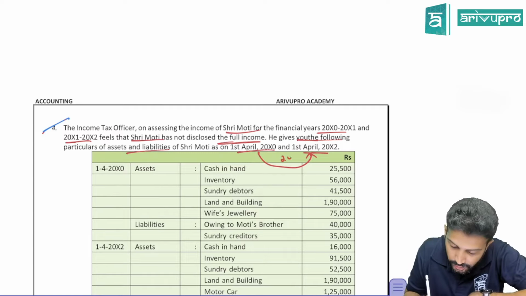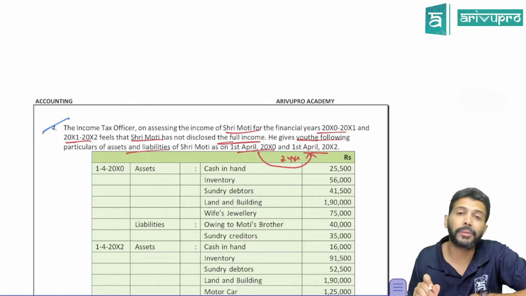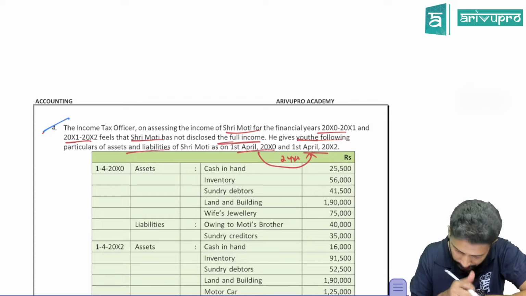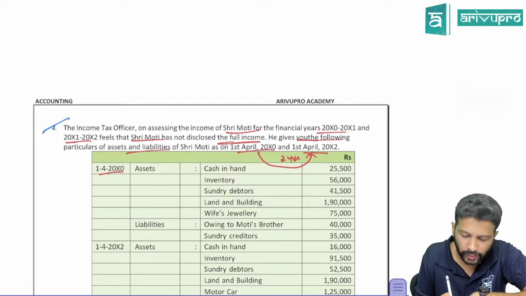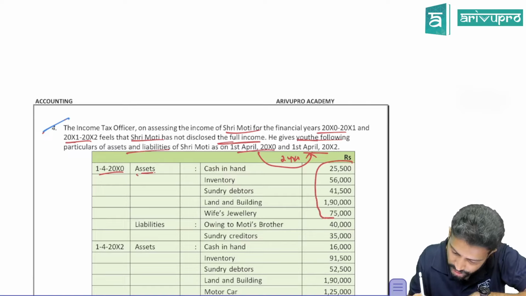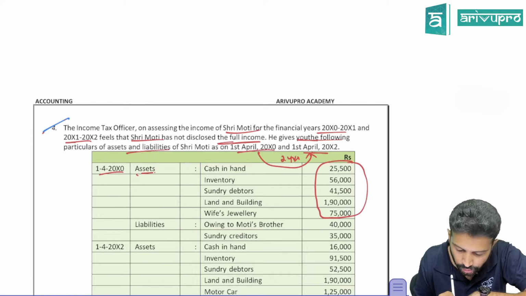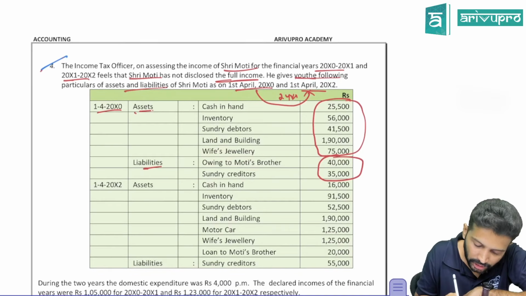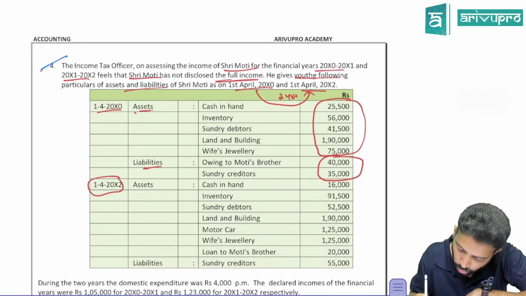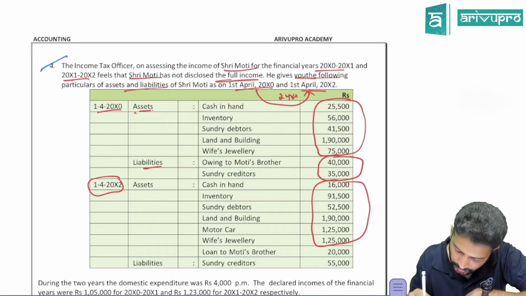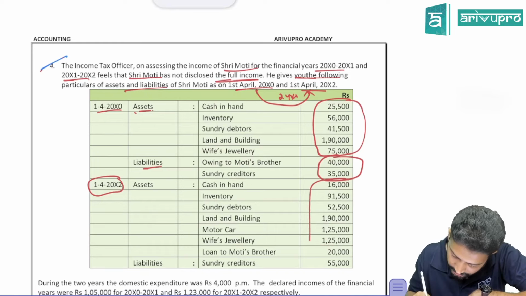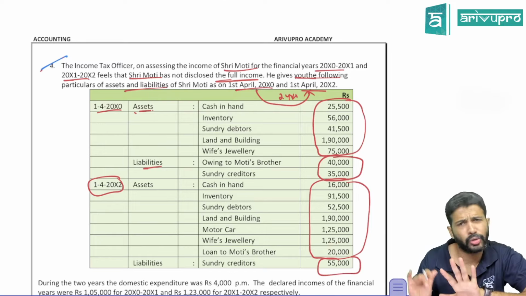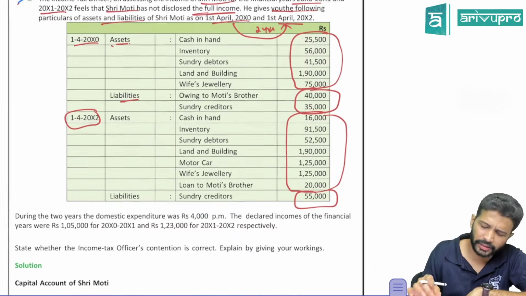Because the income tax officer is assessing 2 years of data, they have given certain assets and liabilities as on 1st April 20X0, and similarly on 1st April 20X2 these are the assets, and the liability is only one. So assets and liabilities on 2 different dates they have given.